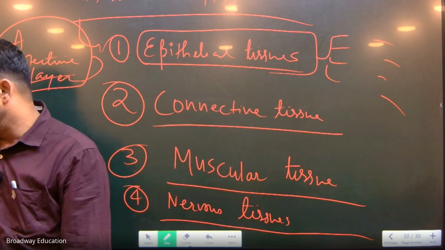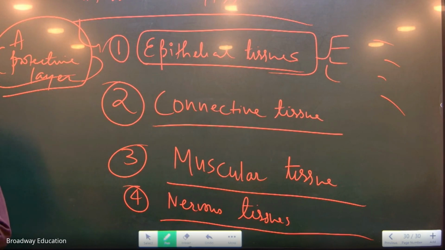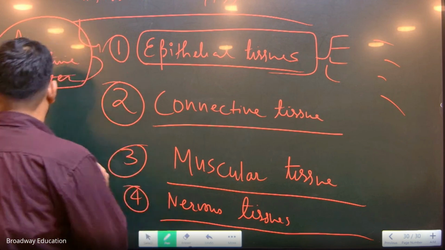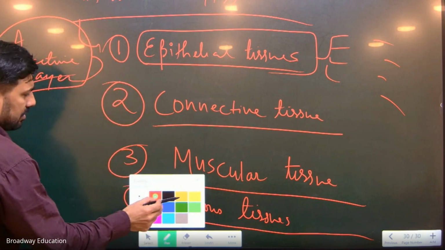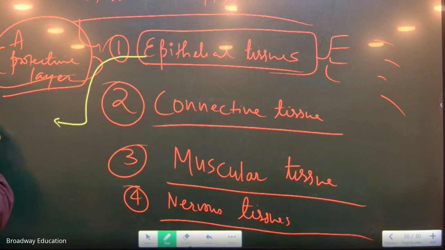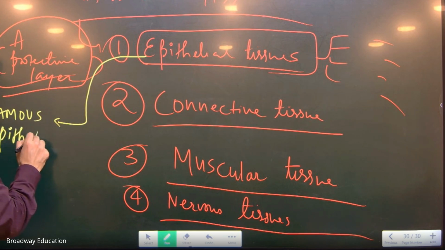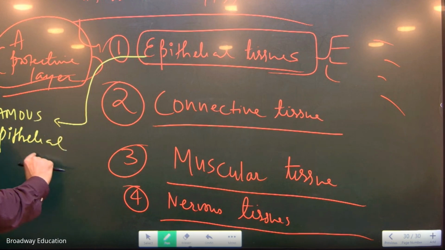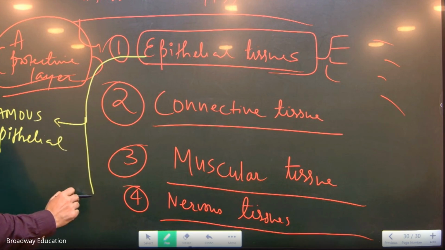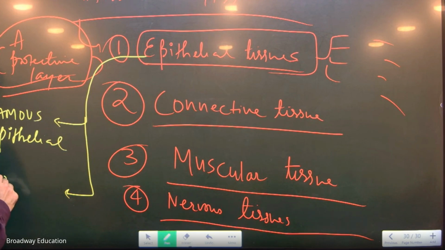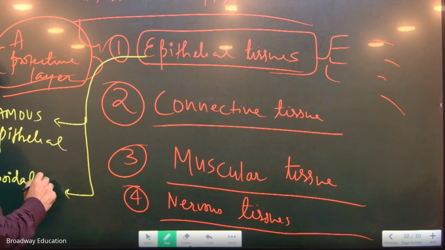Number one, the squamous epithelium. Give some space between these, okay? Then cuboidal epithelium, and then columnar.